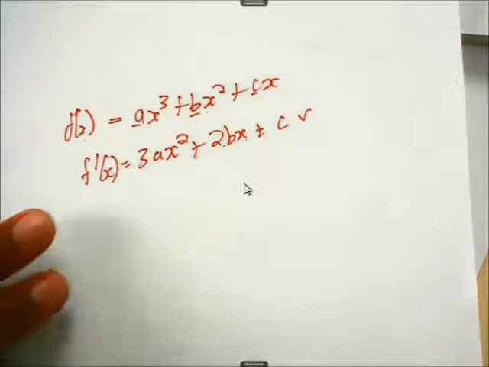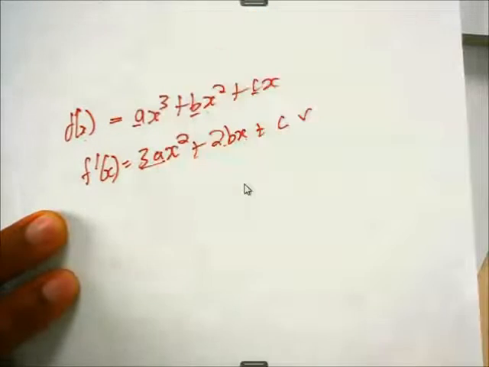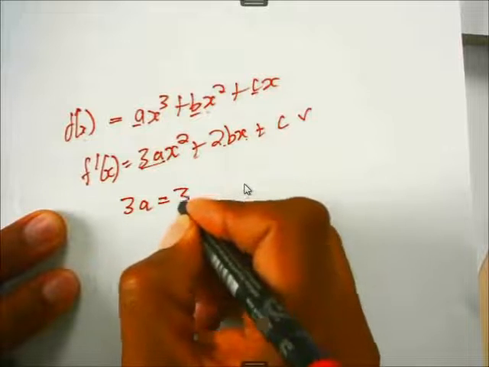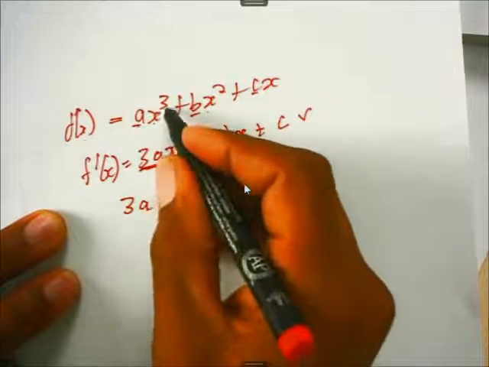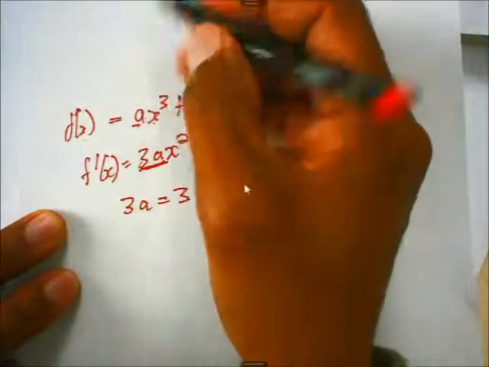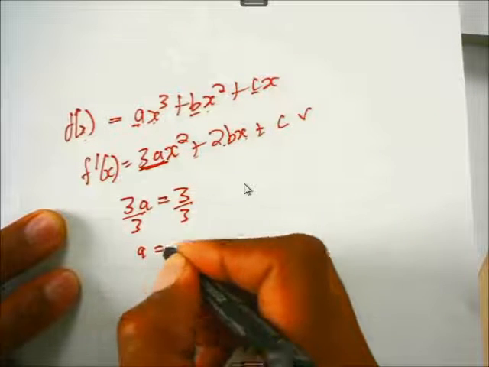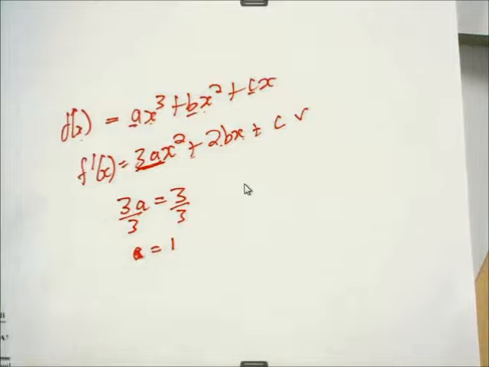Now, what do we know? 3a is equal to positive 3. Now you can say, okay, 3a is equal to 3. This 3 that we have here is the derivative of ax to the power of 3, and it is equal to this 3 that you are having. You just equate the two, and now you divide by 3, then the value of a will be a positive 1. Good.